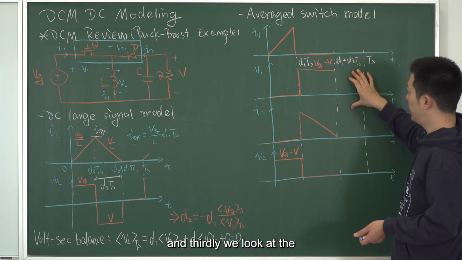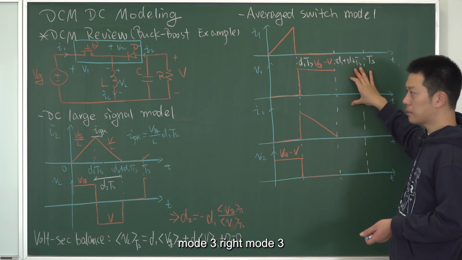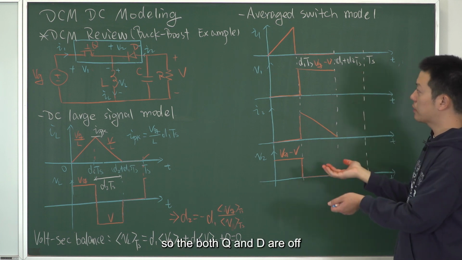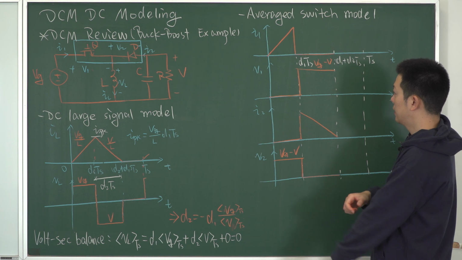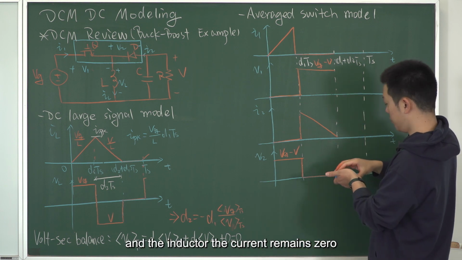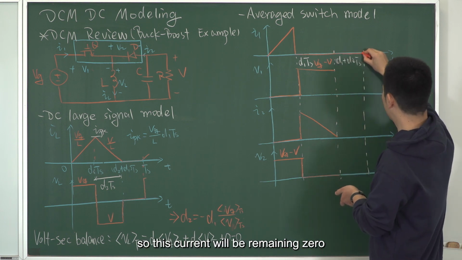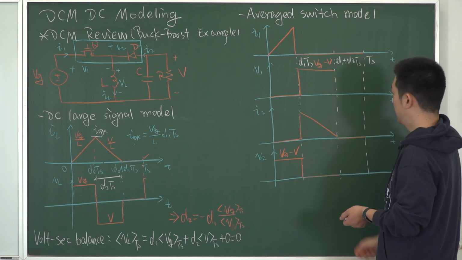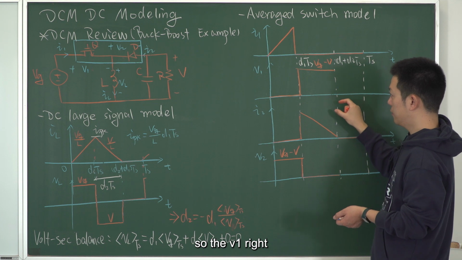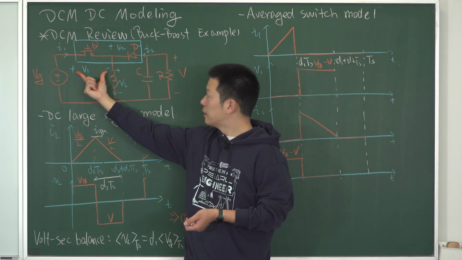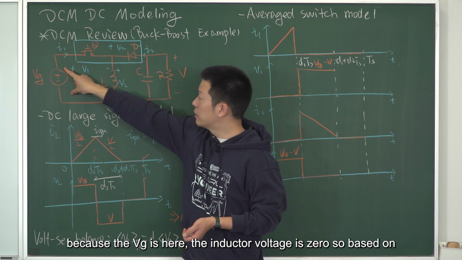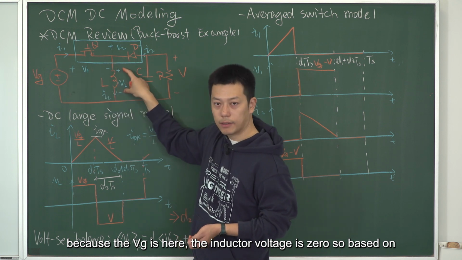And thirdly, we look at mode 3, right? In mode 3, both Q and D are off, and the inductor current remains 0. So this current will remain 0, and this current will also remain 0. So the V1, right? Because Vg is here, the inductor voltage is 0.